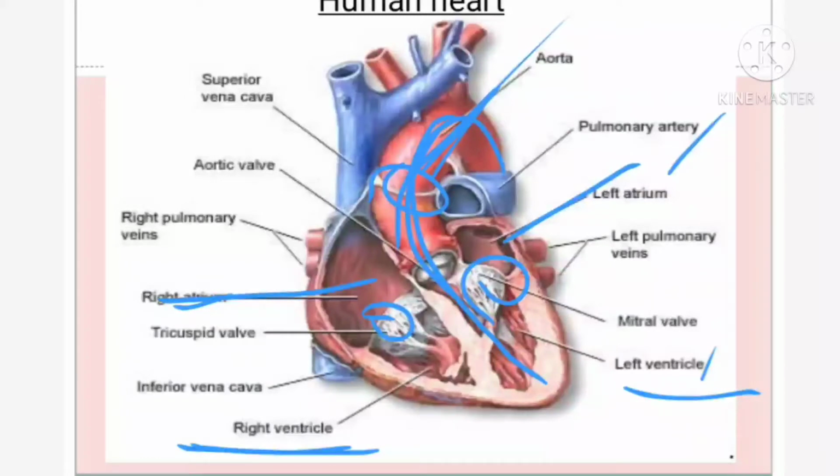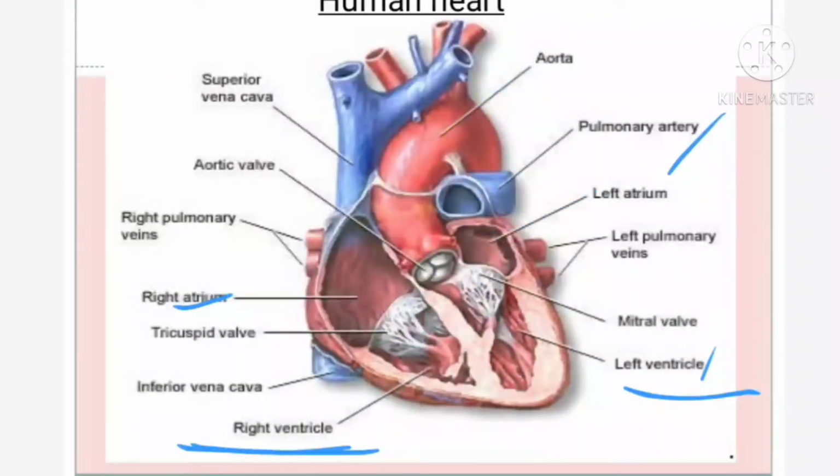Okay. And another one is your superior vena cava. So this one, you can find one of the valves which is leading, it's not visible over here anyhow. So from the right when you are seeing, it is leading to this blue color. Okay. So what is coming from the right is not shown on this side, it's shown here. Okay.